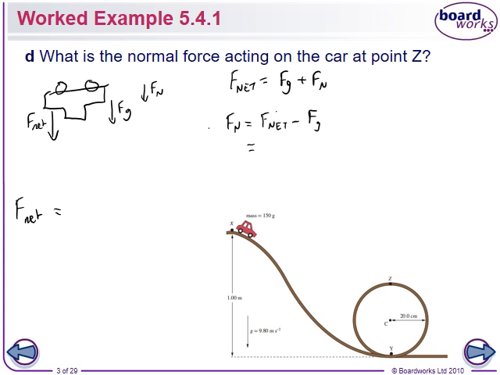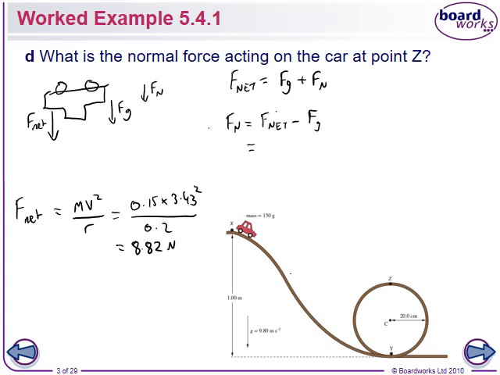How did we do it earlier? mv squared on r. Good. 0.15 multiplied by 3.43 squared on, was it? 0.2. 0.15 times 3.43 squared divided by 0.2. So I've got our net force as 8.82 newtons.